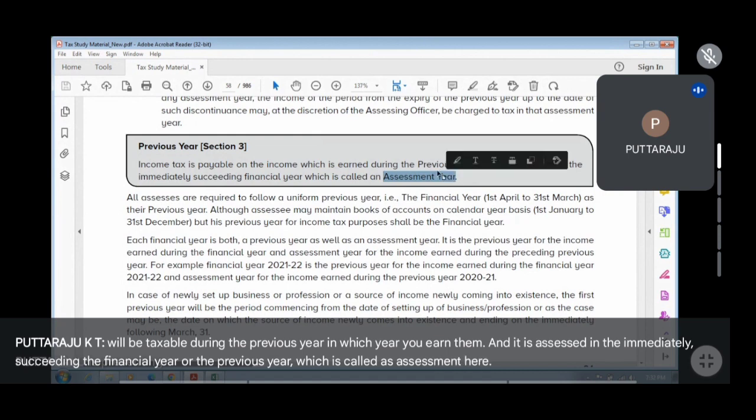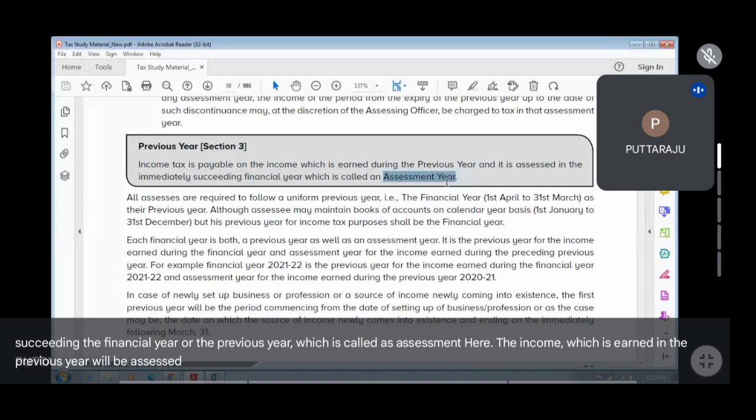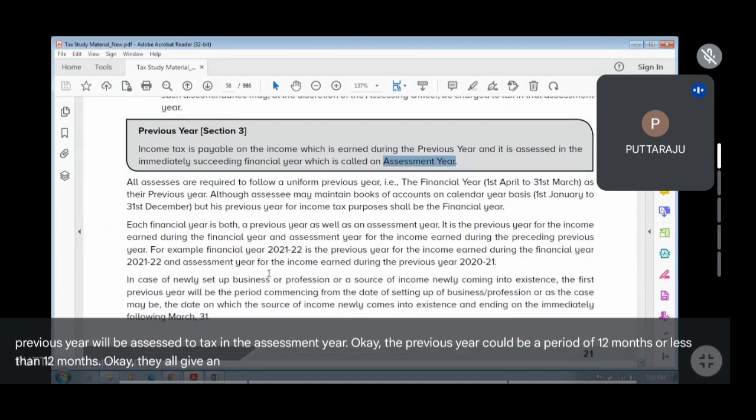The income which is earned in the previous year will be assessed to tax in the assessment year. The previous year could be a period of 12 months or less than 12 months. If you guys go through this once, at least the first time, please go through it once. Whatever I told, you may relate to these definitions.